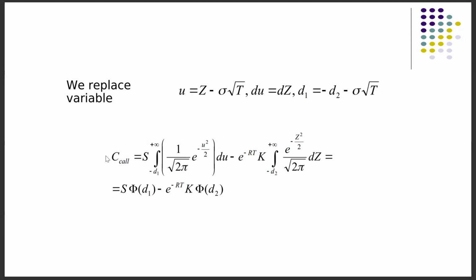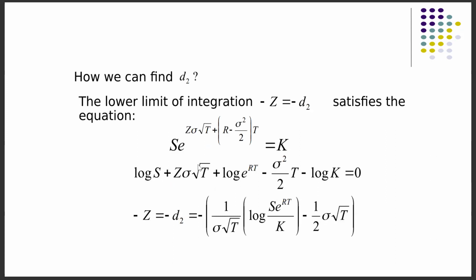So the fair price for the call option, the premium for the call option, we can find using this formula. We just don't know what d1 and d2 are, but it is easy.